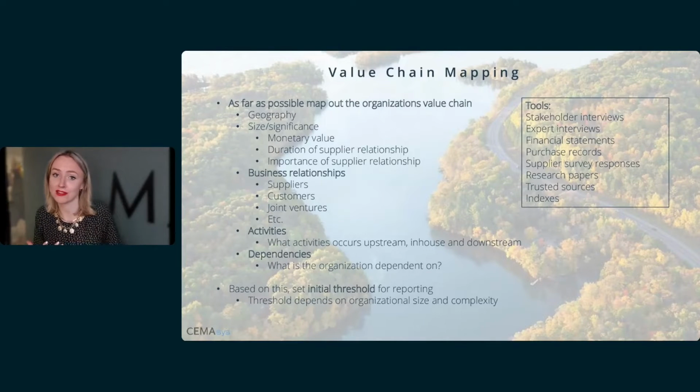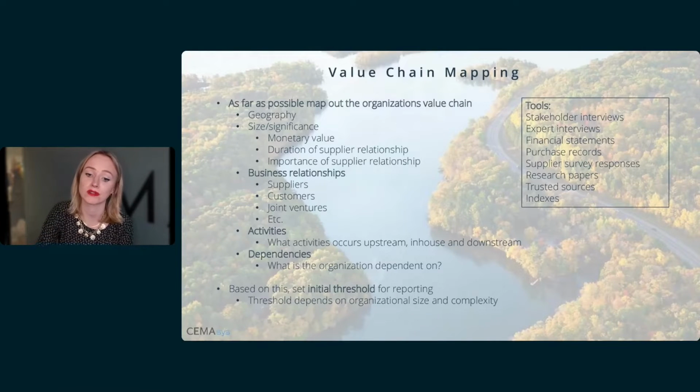Let's say our suppliers. If you spend a lot of money on one supplier, odds are there's probably more of a relationship there in terms of both impacts, risks, and opportunities. This can be done either in monetary value, duration of supplier relationship, or importance of supplier relationship. And some examples of what a business relationship could be: suppliers, customers, joint ventures, etc. Essentially just anything that you are collaborating with or buying stuff from or selling stuff to.